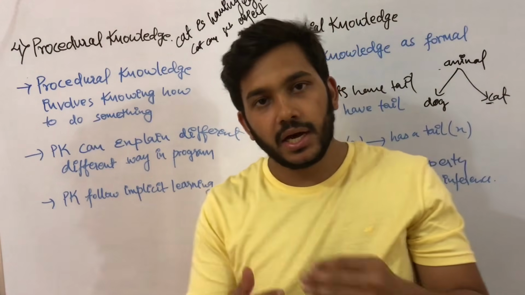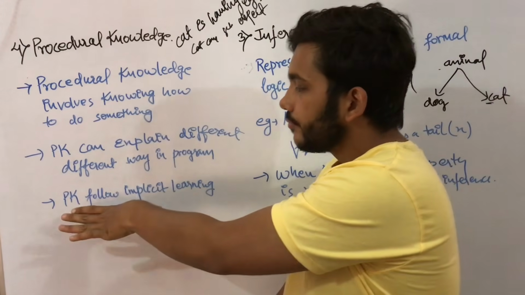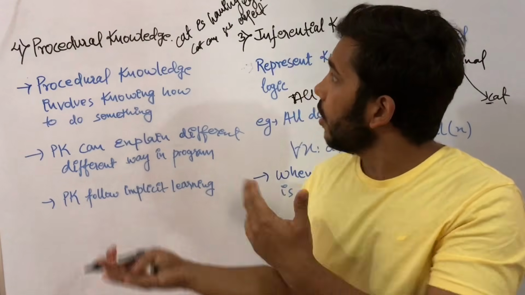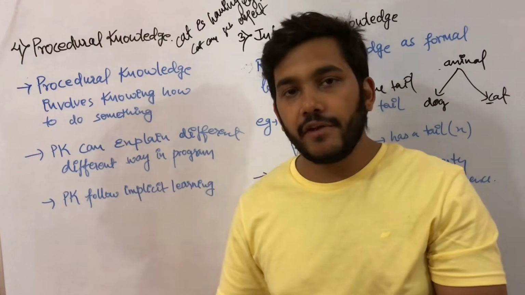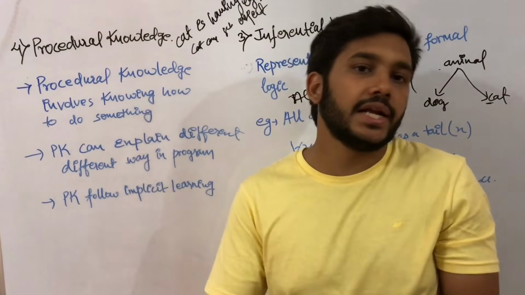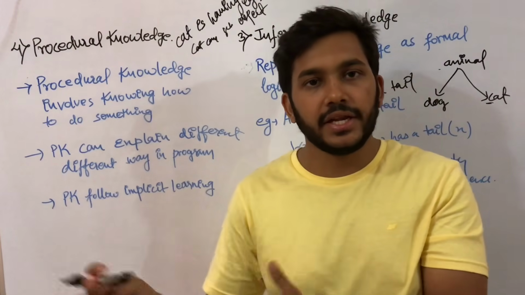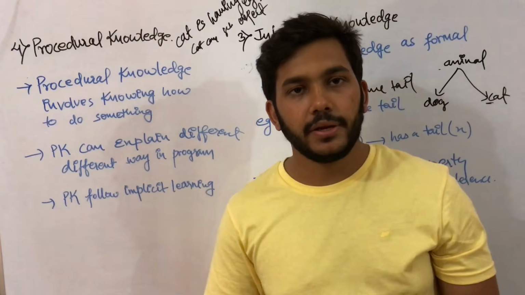This knowledge involves implicit learning, meaning from the given facts we can derive what more facts can be derived. Just like if a cat has eyes, then definitely she is going to see objects near her. So basically these were the four approaches of knowledge representation.